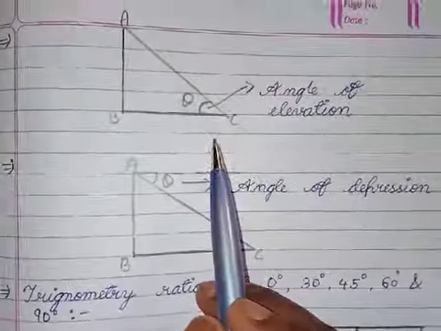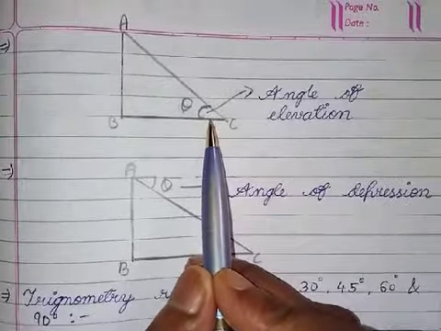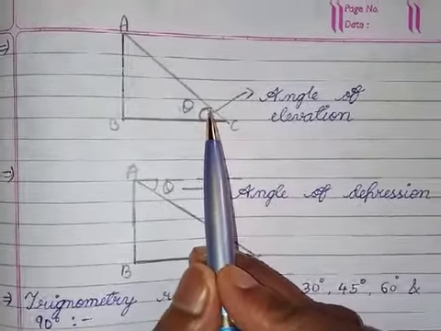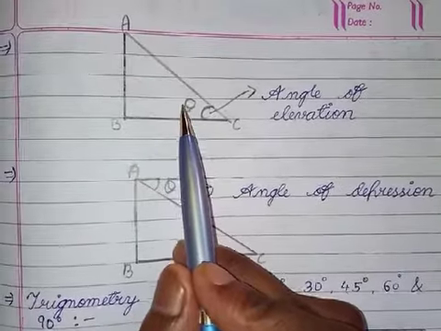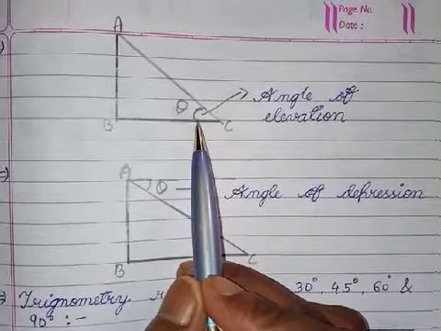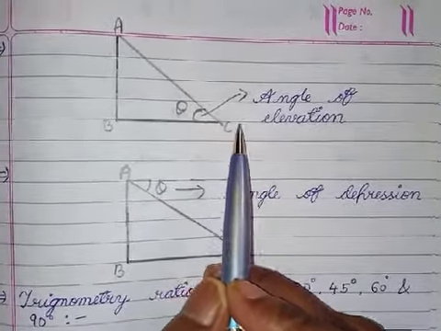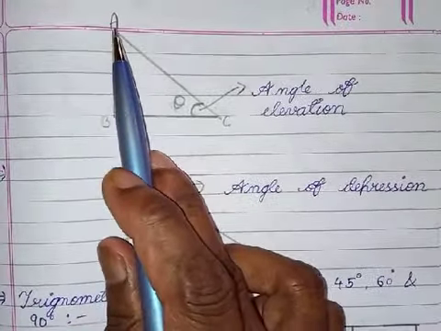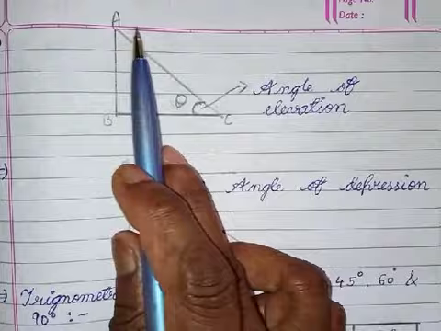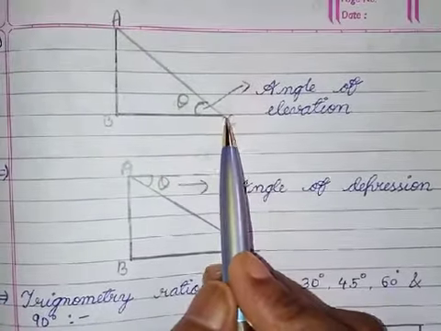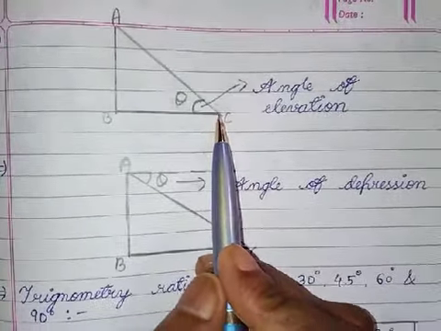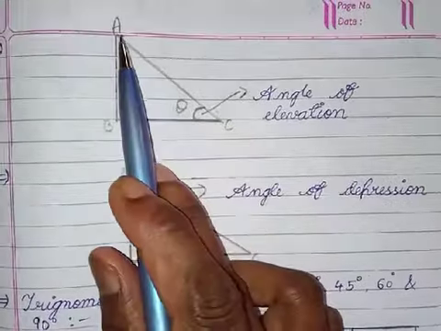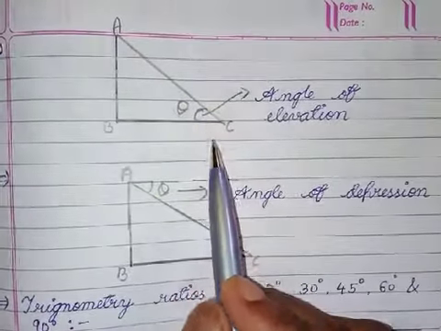Here, the angle made with the ground is called the angle of elevation. What are different examples of angle of elevation? When you look from the ground to the top, say at a flying aeroplane, you are seeing from the bottom to the top, and it is called angle of elevation.